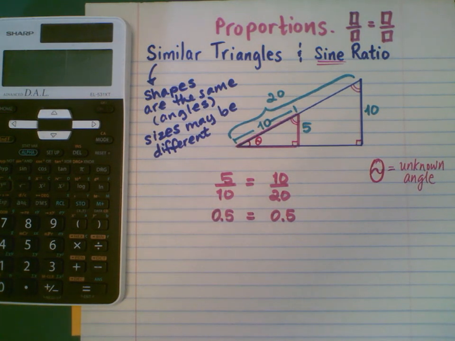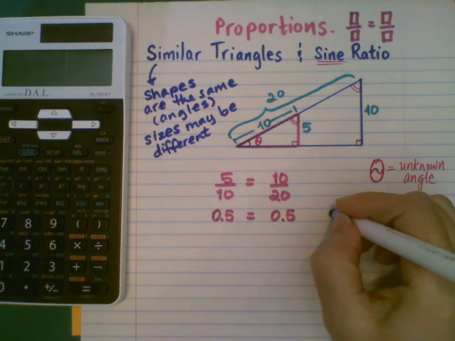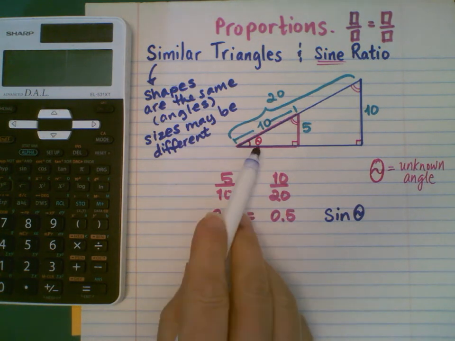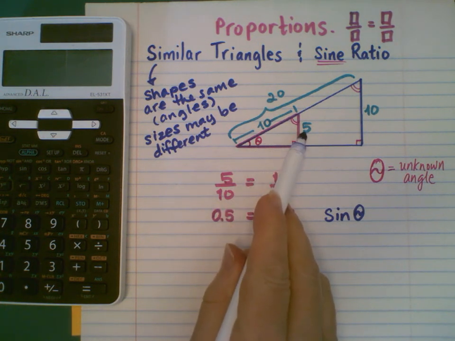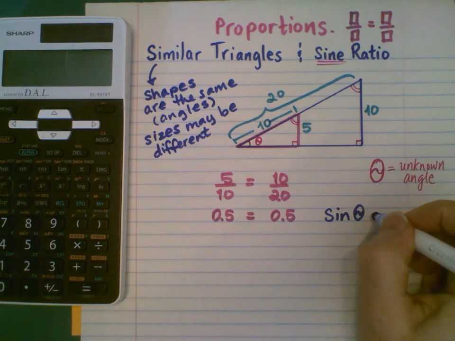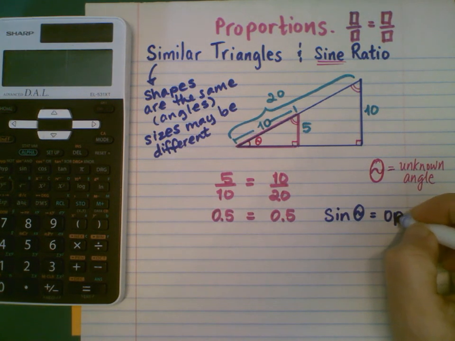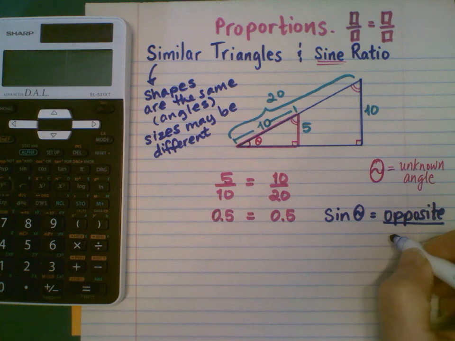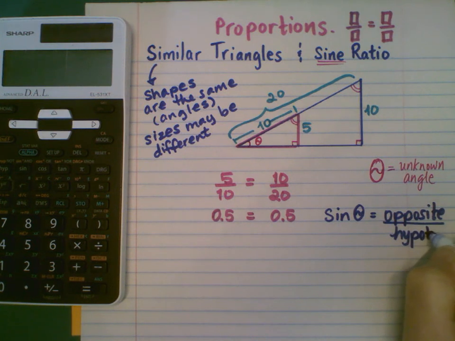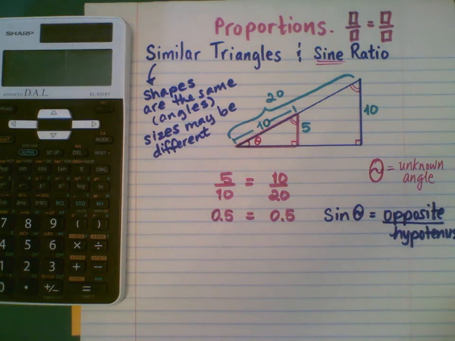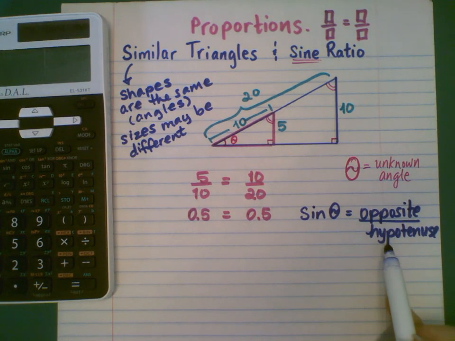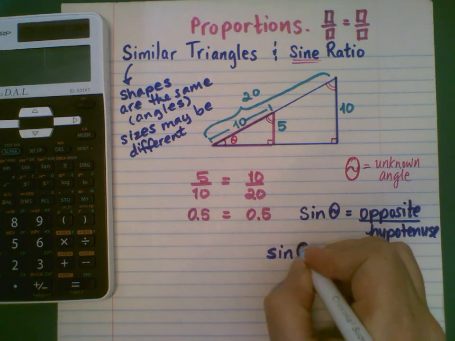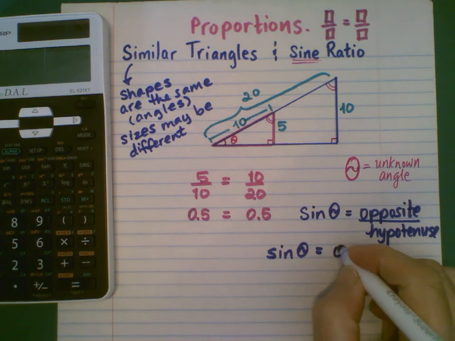So sine theta describes the relationship between the side opposite that angle and the hypotenuse. Which we've already set. The side opposite over the hypotenuse is 0.5. So for this example, sine theta for both triangles is 0.5.